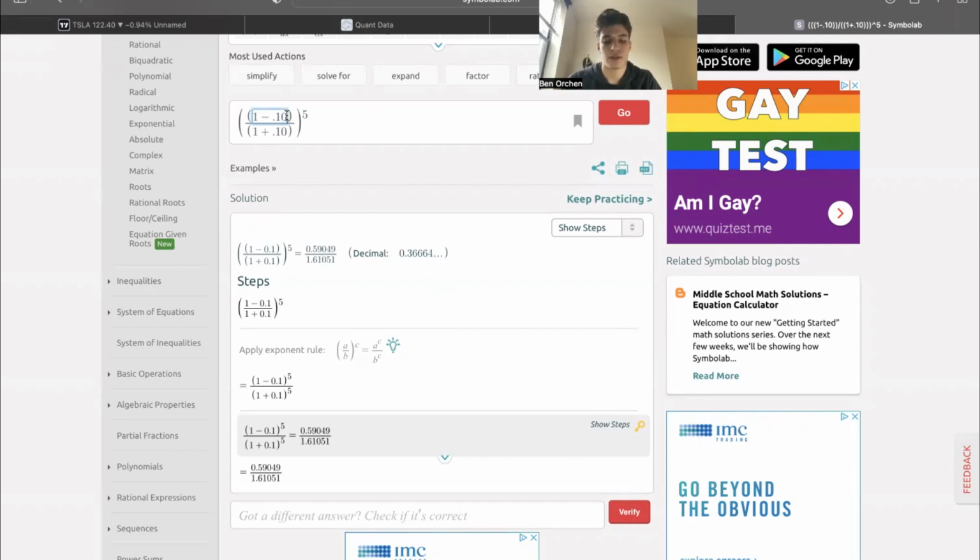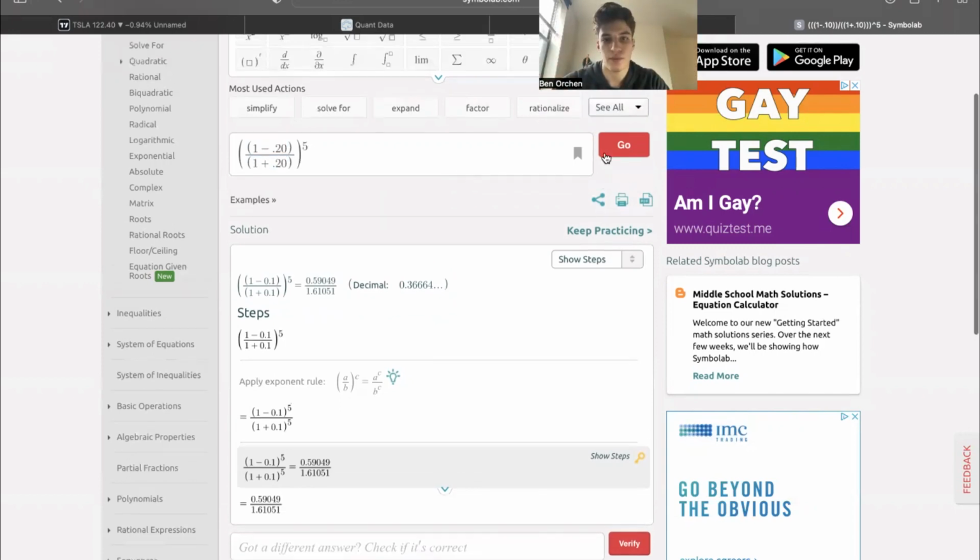Actually, no, that's a pretty drastic difference. Let's do 60-40. So in this case, our A, 60 minus 40, is 0.2. We'll keep the same amount of trades for the purposes of the example.